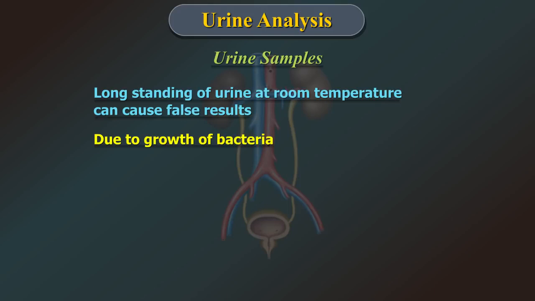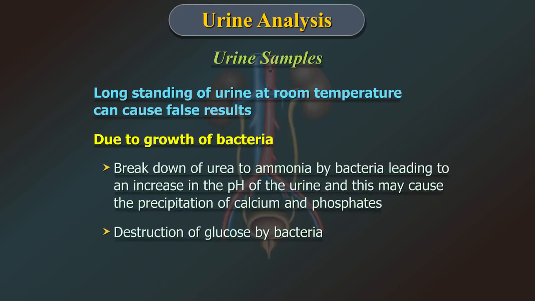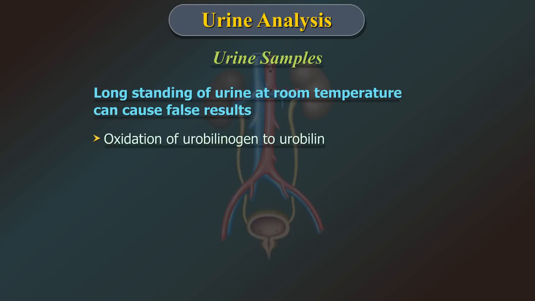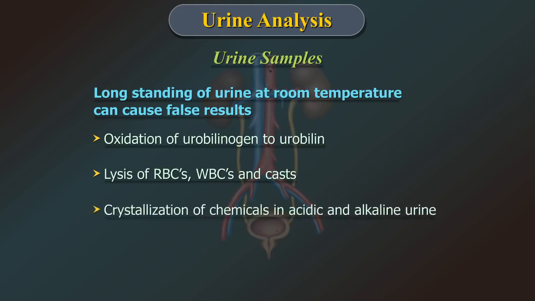Long standing of urine sample at room temperature can cause false results due to growth of bacteria, breakdown of urea to ammonia by bacteria, leading to an increase in the pH of the urine, and this may cause the precipitation of calcium and phosphates, oxidation of urobilinogen to urobilin, destruction of glucose by bacteria, lysis of red blood cells, white blood cells, and casts, crystallization of chemicals in acidic and alkaline urine.